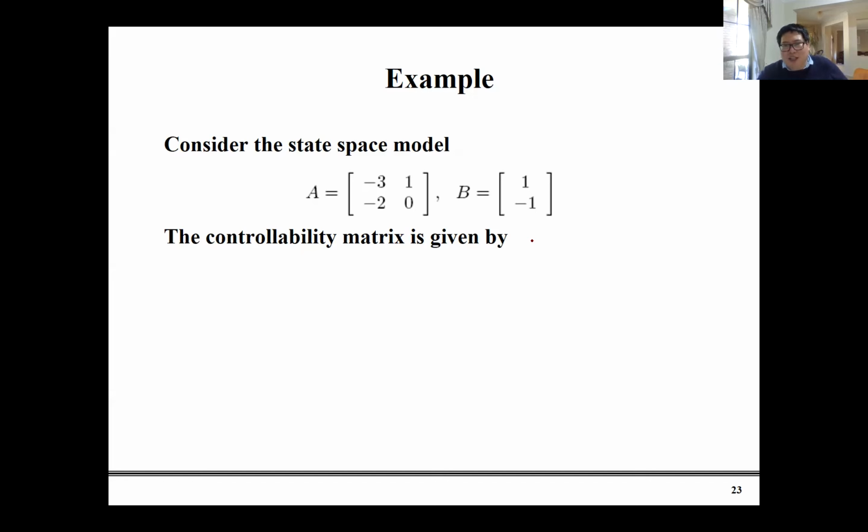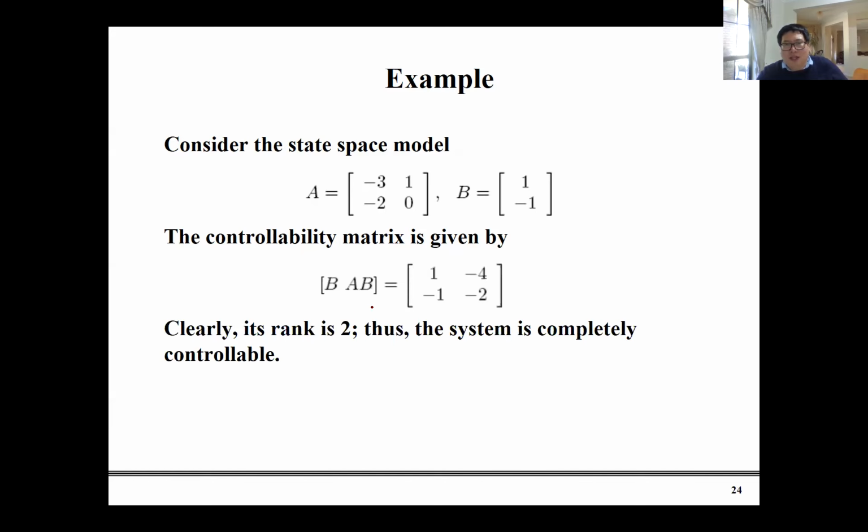To check the controllability, you first calculate the controllability matrix, which is [B, AB] if the dimension of A is 2 by 2. If it's 3 by 3, then you have to have another column.